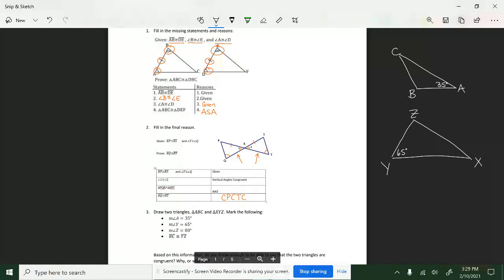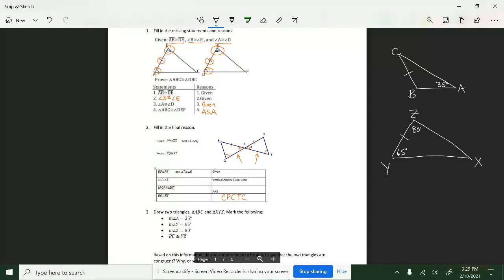Angle Z is 80 degrees. And then it tells us that YZ and BC are congruent. And I tried to draw these so that side YZ and side BC would be about the same length, and where the angles were fairly close to accurate. I think angle Z is probably a little bit bigger than 80 degrees, but the angles are pretty close.